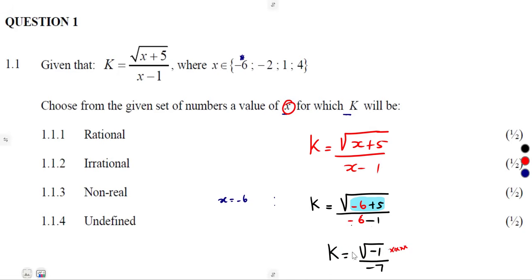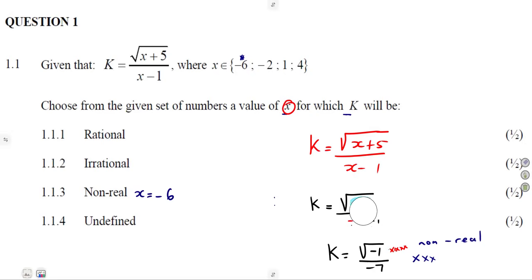So even if we divide by -7, nothing is going to come out from this. So for a value of x equal to -6, the result is non-real. So the non-real part on 1.1.3 is a condition where x is equal to -6.